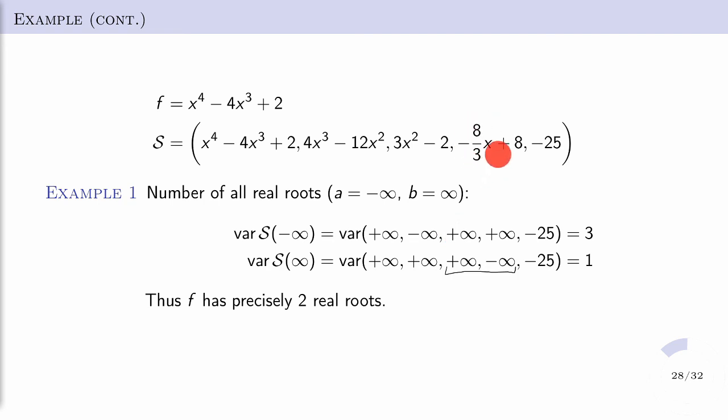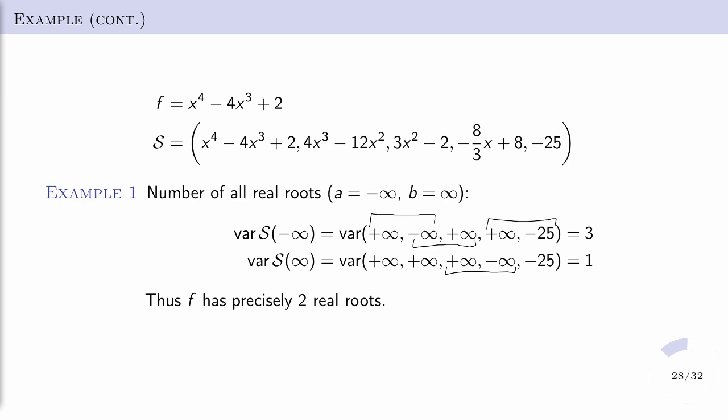Here we have an odd exponent but minus here, so this is minus and minus, so this tends again to plus infinity, and this is minus 25. So here we have three sign changes, from plus to minus, from minus to plus, and from plus to minus.